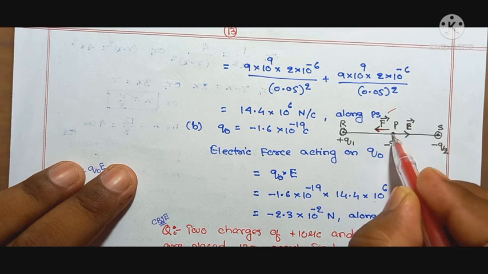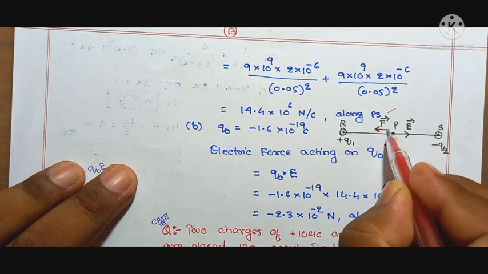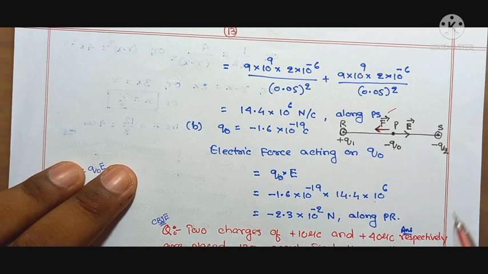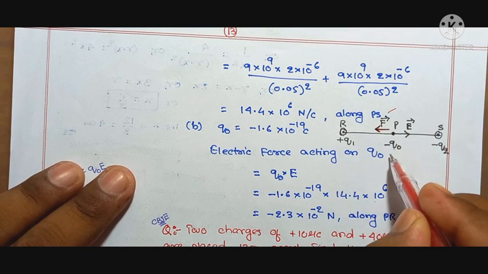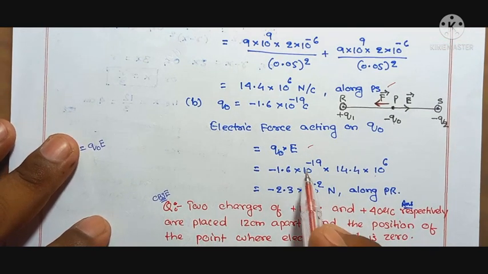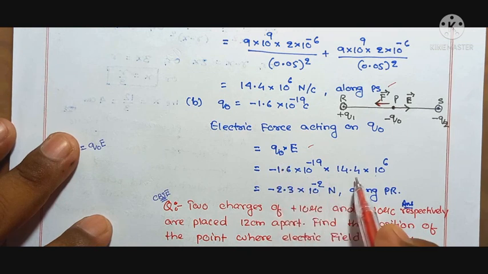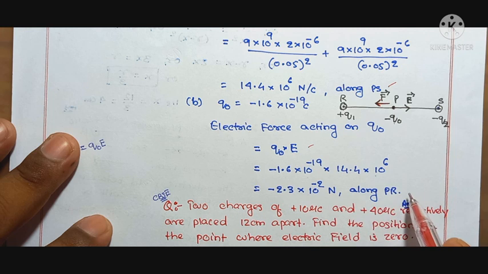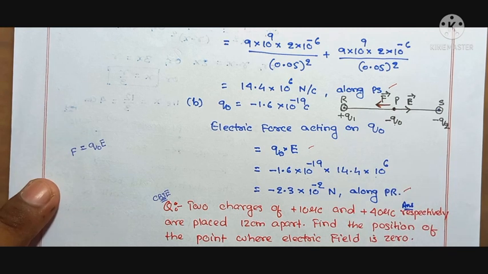So due to this charge the force is also acting in this direction. So electric force acting on Q0 is Q0 into E. So after putting the value we will get minus 2.3 into 10 power minus 2 Newton along PR.